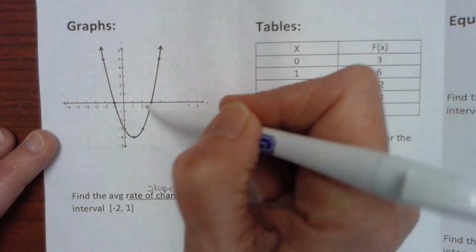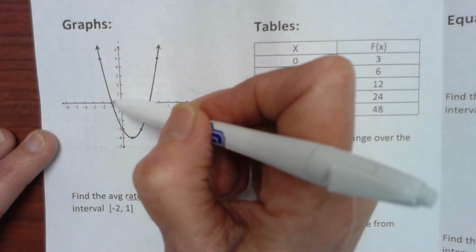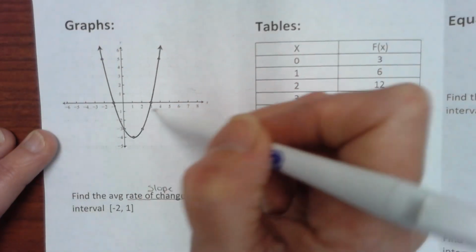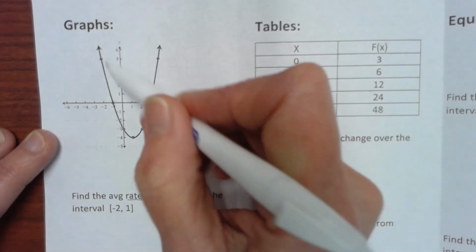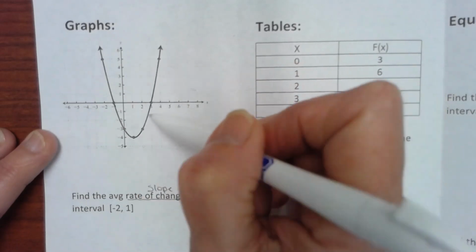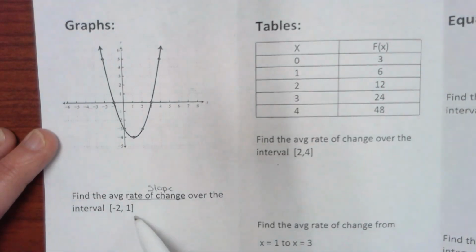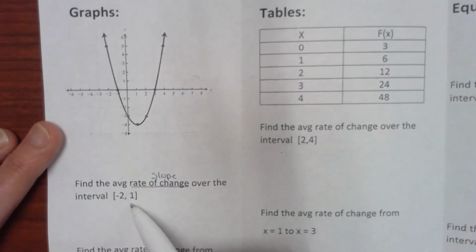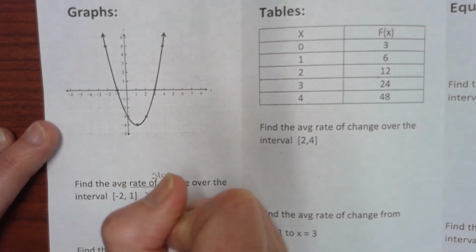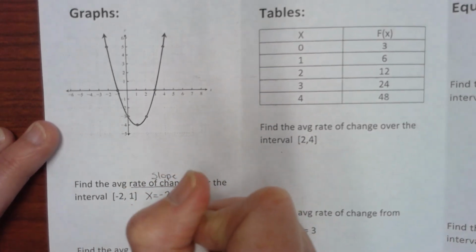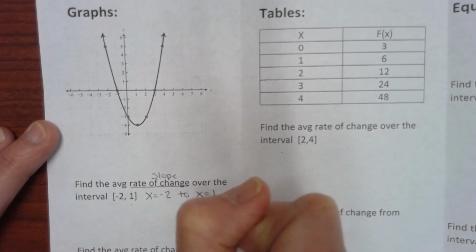If I picked any two ordered pairs, I would not get the same slope with this because it is not a straight line. Now, if it's a straight line, I would get the same slope no matter which ordered pairs I took. So we have to use where x is -2 and where x is 1. So that's what that means.